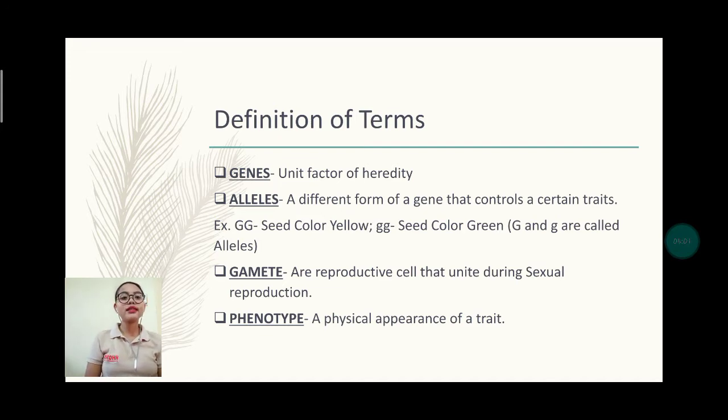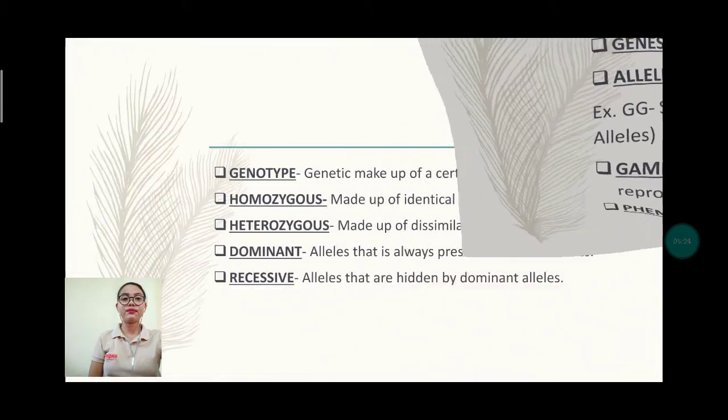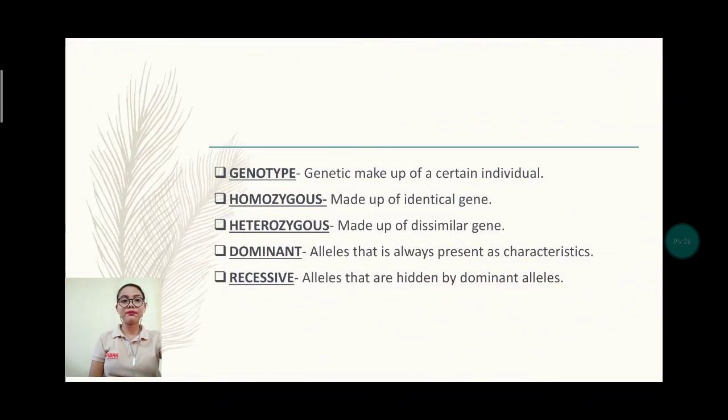Next, gamete. When we say gamete, it is a reproductive cell that unite during sexual reproduction. Next, phenotype. When we say phenotype, it is a physical appearance or a trait. Take note, when we say phenotype, it is a physical appearance of a trait. Genotype.